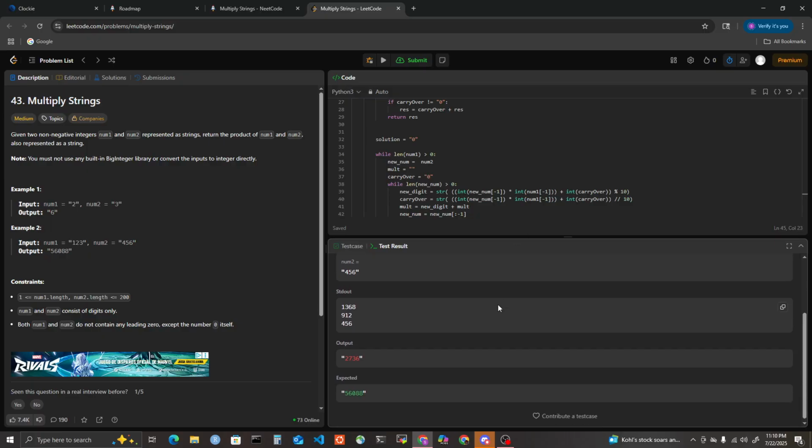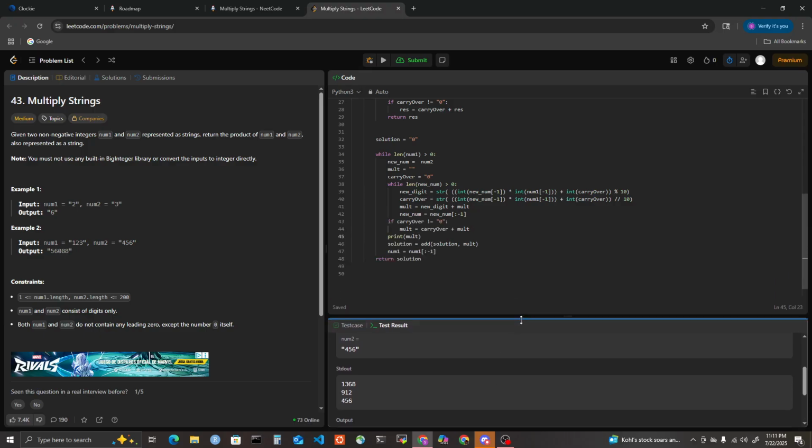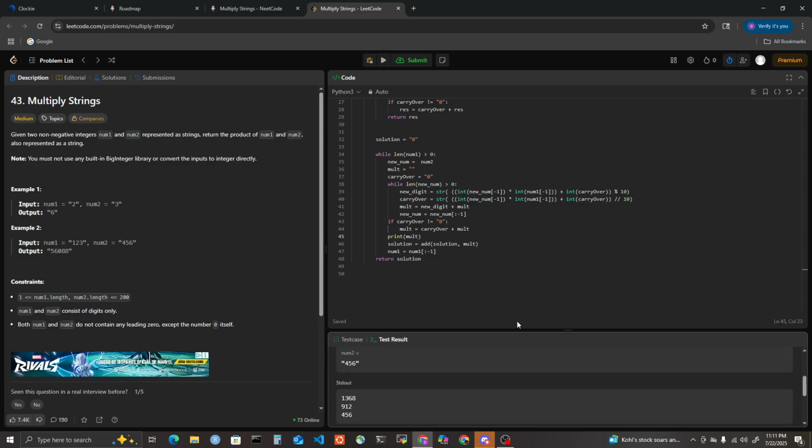I had to multiply it by 10 each time. Is that the hard part of this?